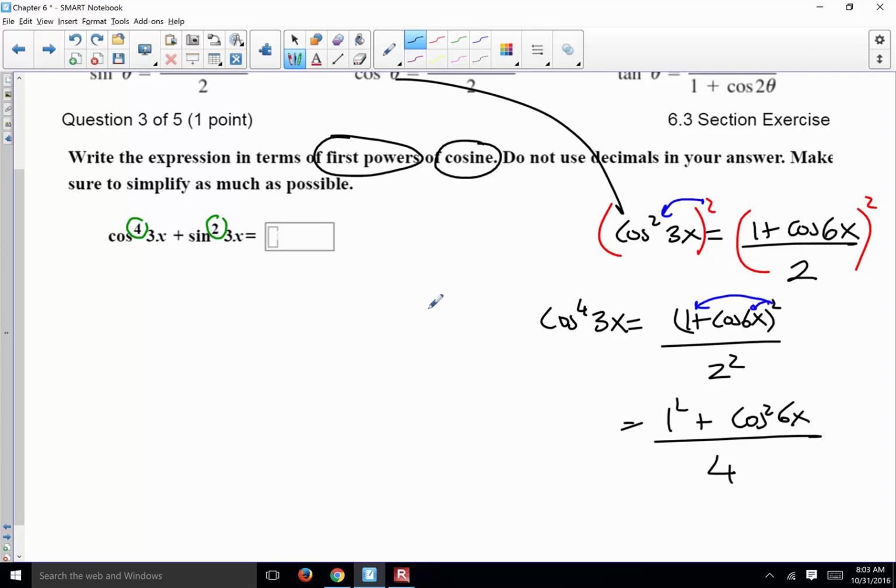No, there is a mistake here. Where is it? Last thing I did is incorrect. Which part? Did I incorrectly square 2? No, 2 squares 4. What did I do here?